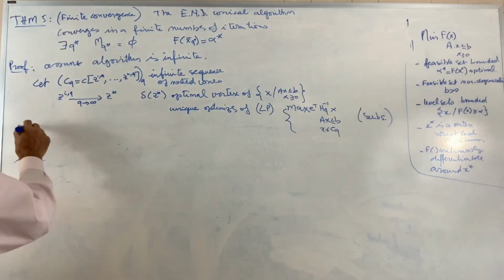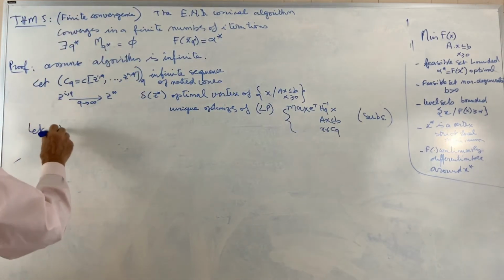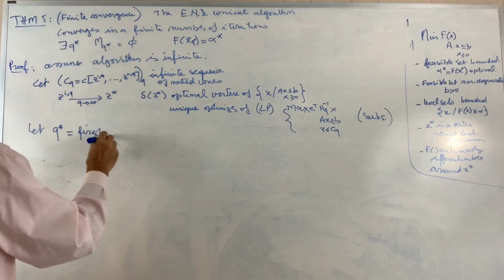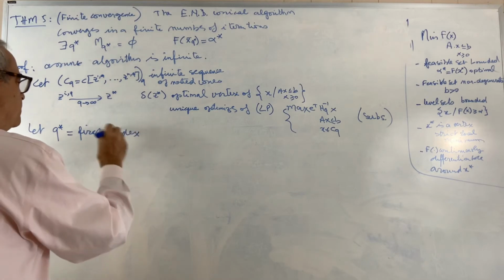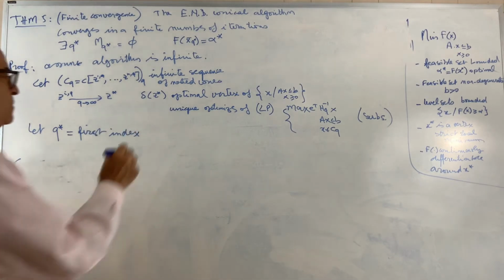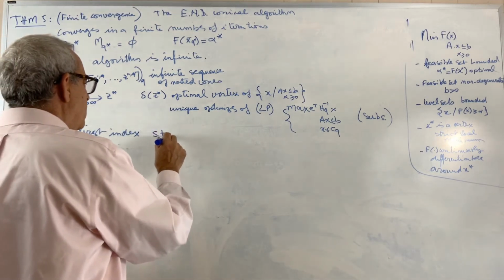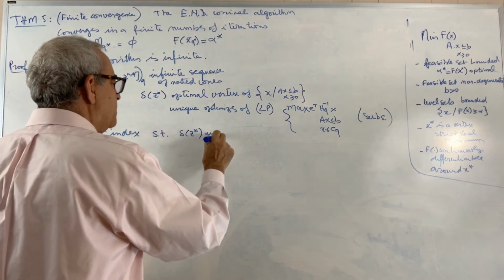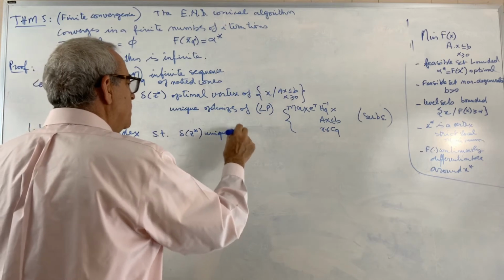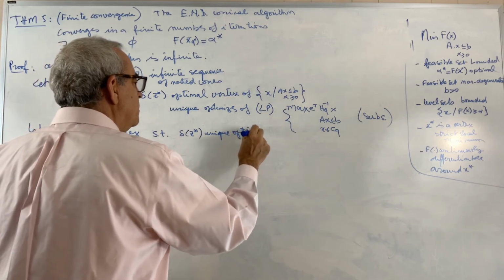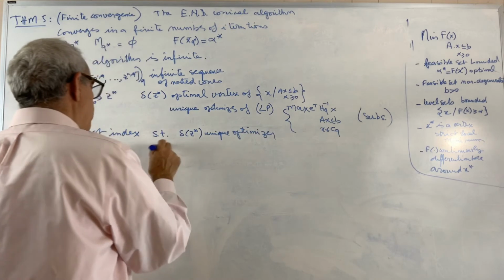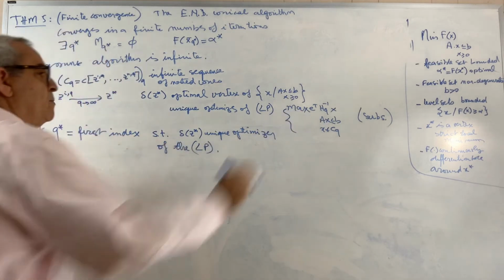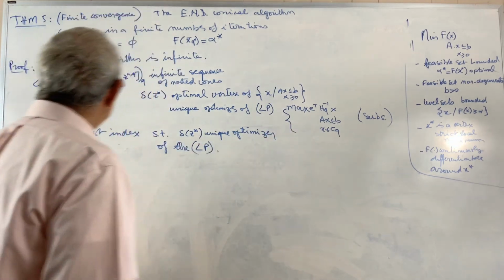So let Q star be the first index such that delta Z star is the unique optimizer of that LP, this LP over here.